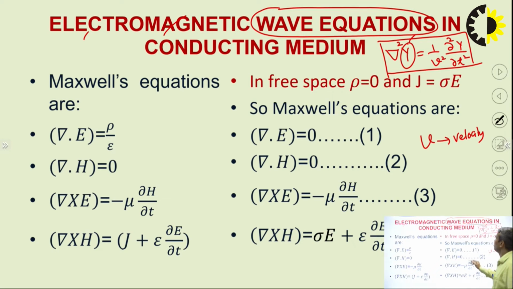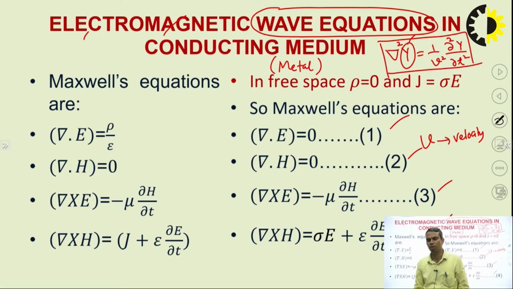Conducting medium is metal. So these are the four Maxwell's equations: equation number 1, 2, 3, and 4, in differential form, meaning only differentiations are involved.